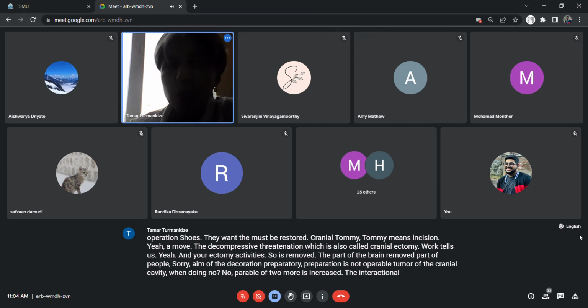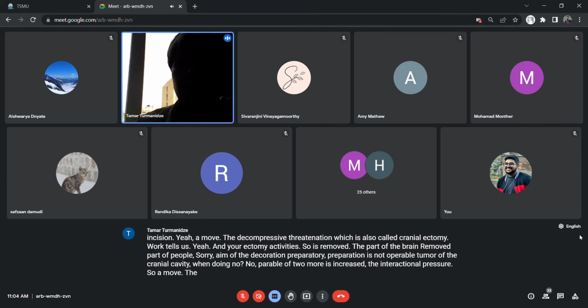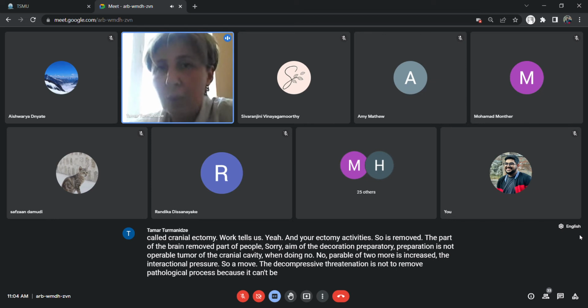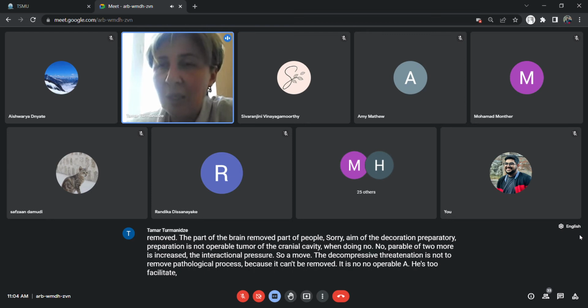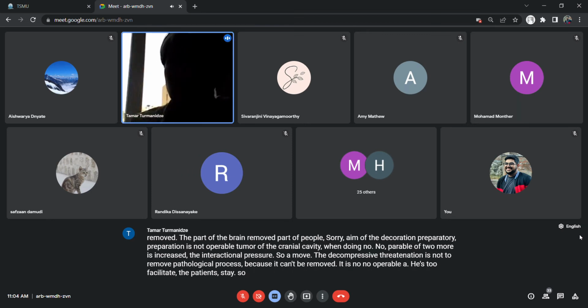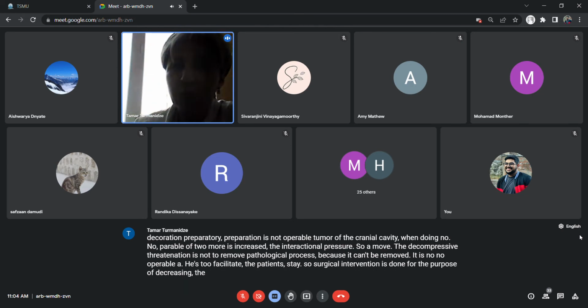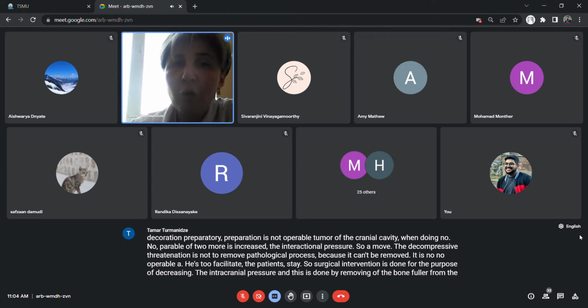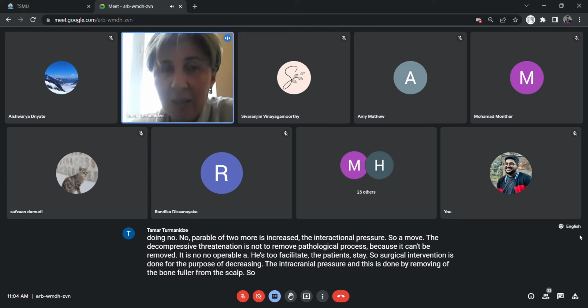So the aim of the decompressive trepanation is not to remove the pathological process because it can't be removed. It is non-operable. Aim is to facilitate the patient's stay. So surgical intervention is done for the purpose of decreasing the intracranial pressure, and this is done by removing the bone flap from the skull. So decompressive trepanation is considered a palliative operation.